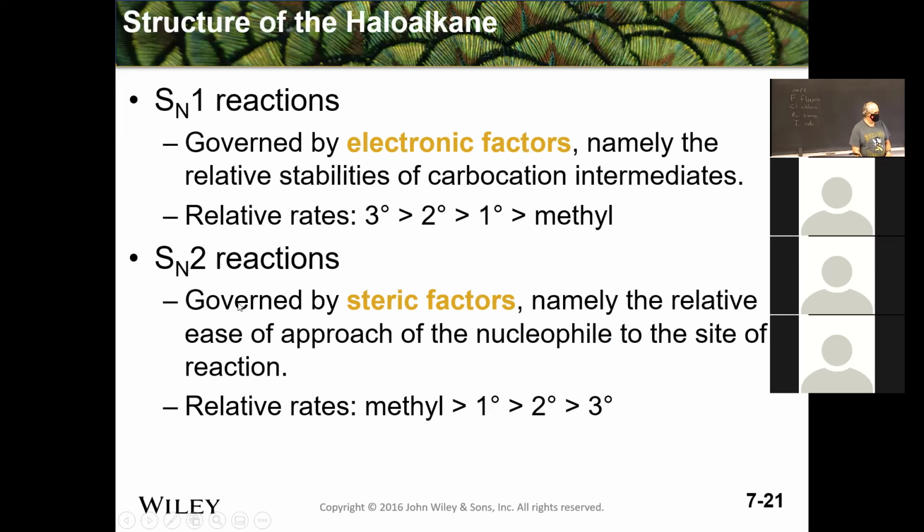SN2 reactions are governed by something different, that is steric factors, namely the relative ease of approach of the nucleophile to the site of the reaction. In other words, the less crowded the haloalkane is, the faster the reaction will occur. So methyl halides react the fastest, then primary, then secondary. Tertiary halides generally don't react at all by SN2. They're just way too crowded.